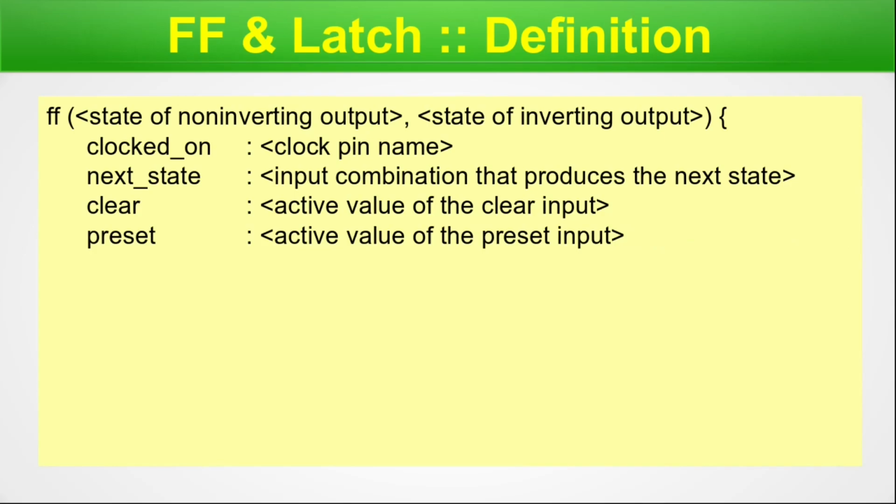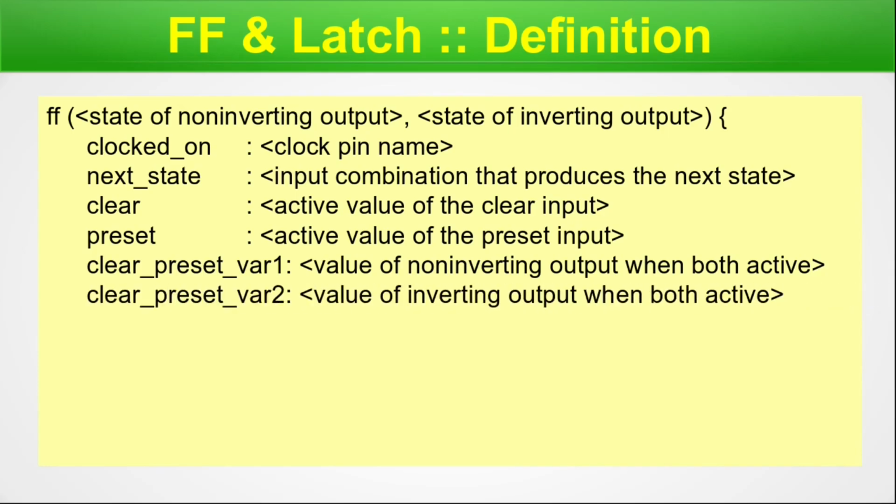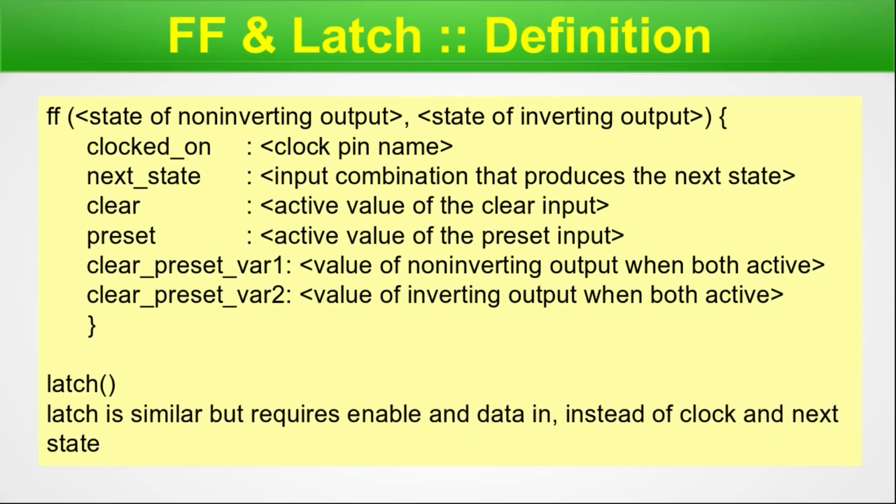Preset: active value of the preset input. Clear preset variable 1: value of the non-inverting output when both are active. Clear preset variable 2: value of the inverting output when both are active. Here we close the flip-flop. Latch is a very similar structure but requires enable and data instead of the clock and the next state. So this is a general structure for the flip-flop and latches. We're done with this particular slide.